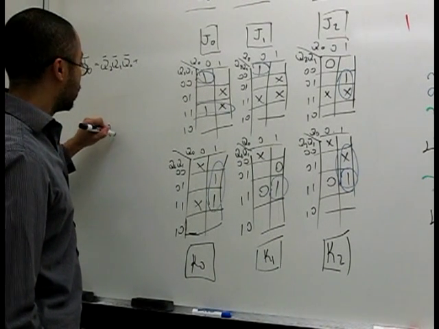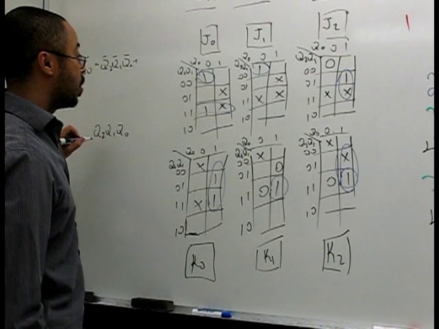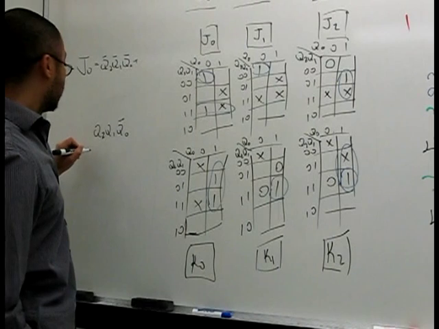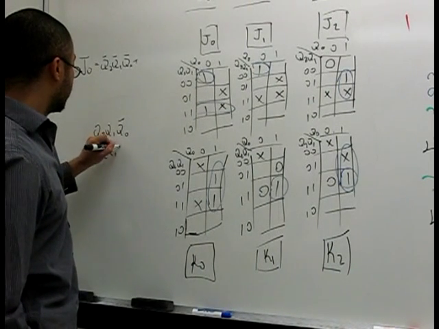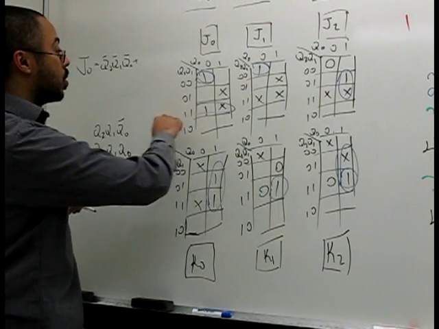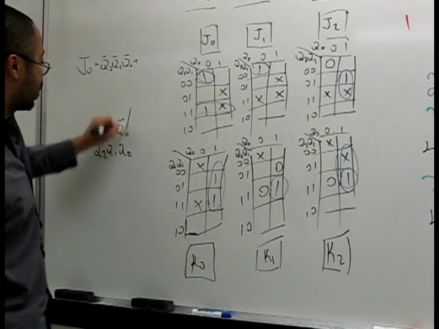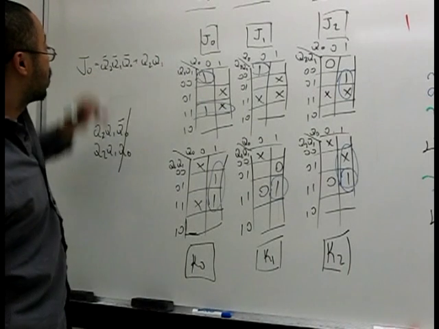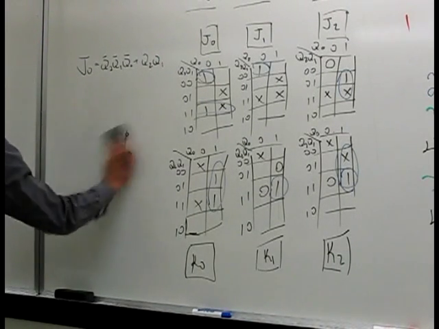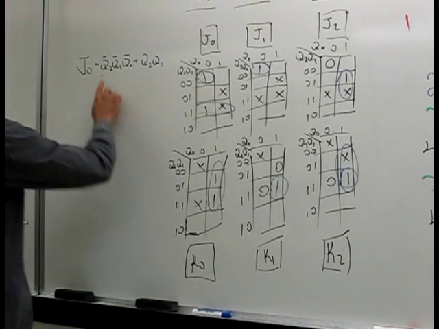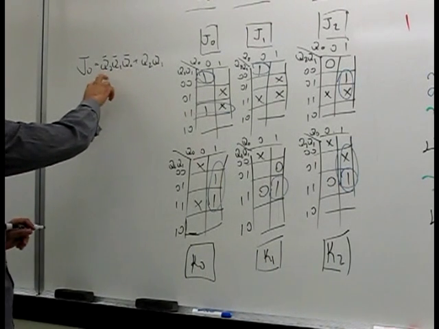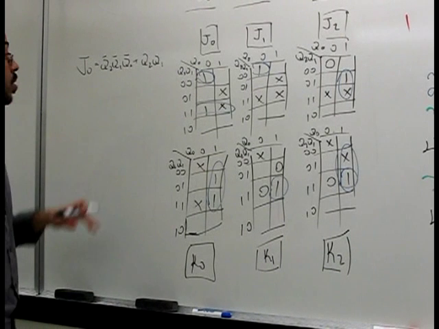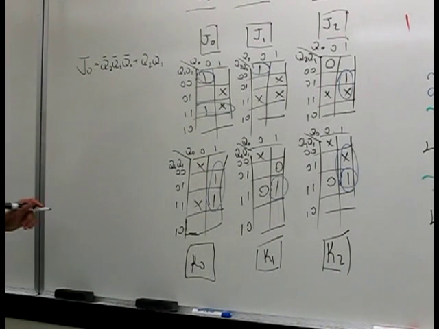Q2, Q1, Q0, that is true, not. And then Q2, Q1, Q0, that is true. So the Q0s will cancel. This will be plus Q2, Q1. J0's logic is an AND gate of the inverse of Q2, Q1, Q0, plus Q2 and Q1. So 2 AND gates, 2 OR gates to fit that.